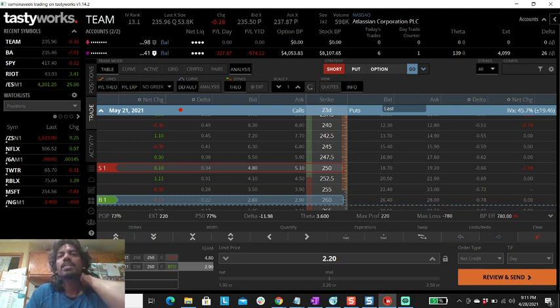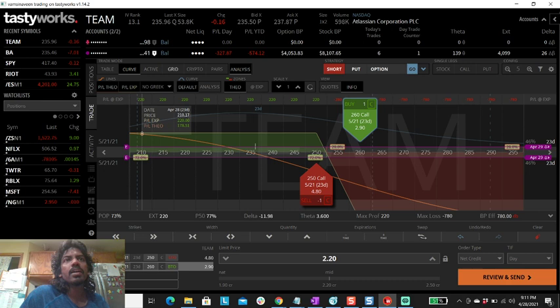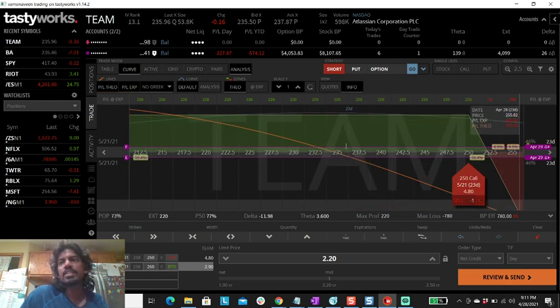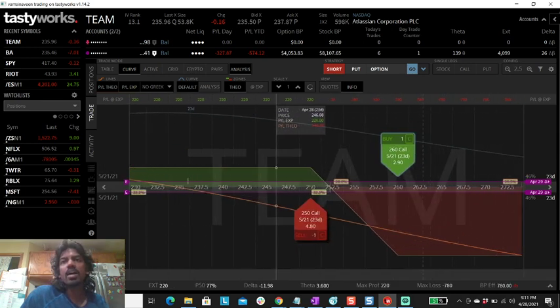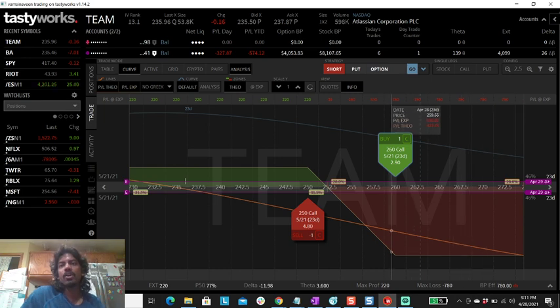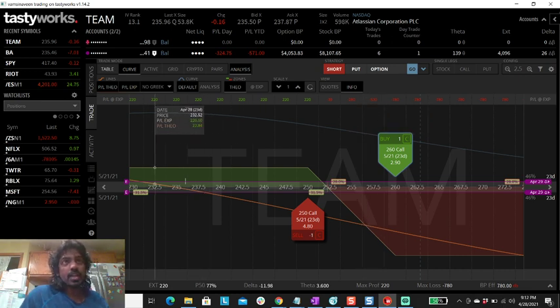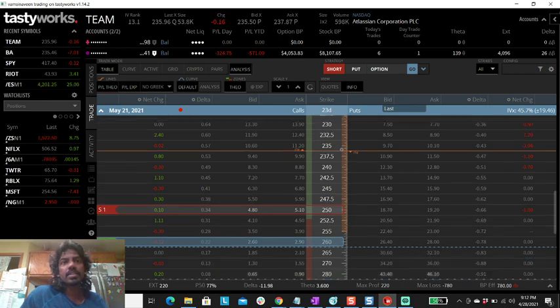His max loss is if the stock goes beyond 260, then he will lose $780 in this case. So that way he could minimize his loss. As you can see here, the loss flattens out after this 260 strike price where he bought the call option. So that's another way to be bearish and still have some room for profit.